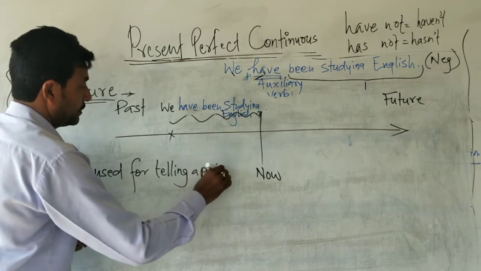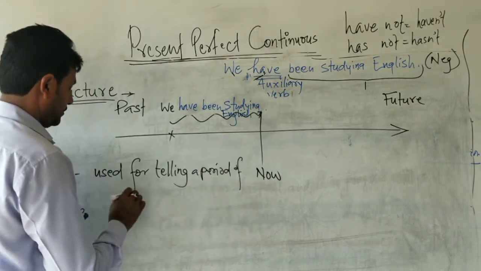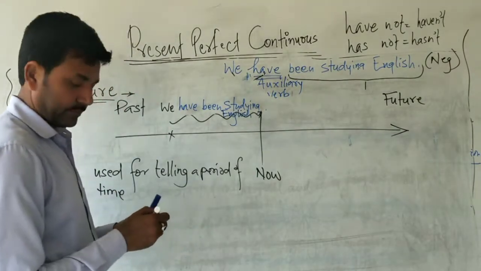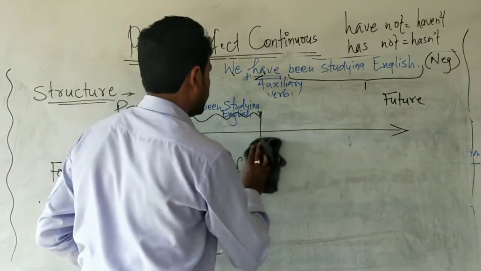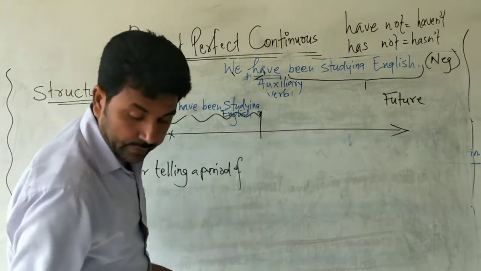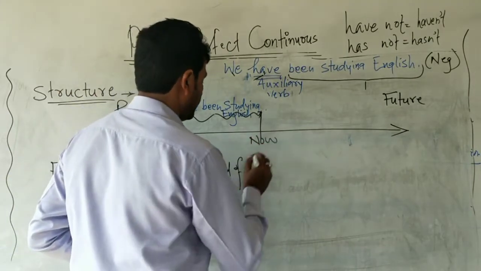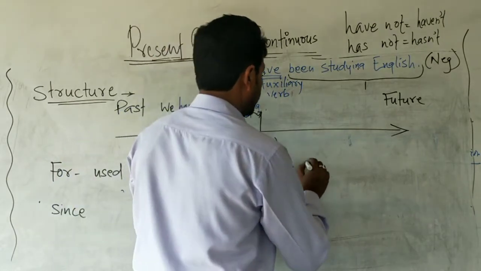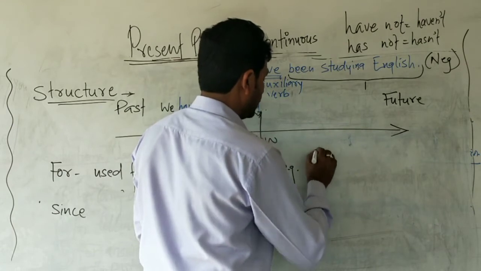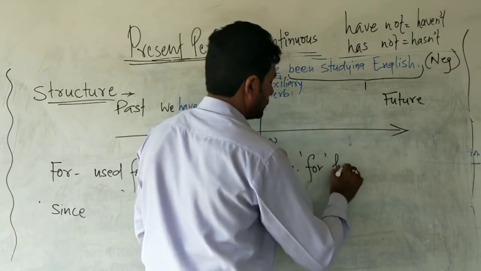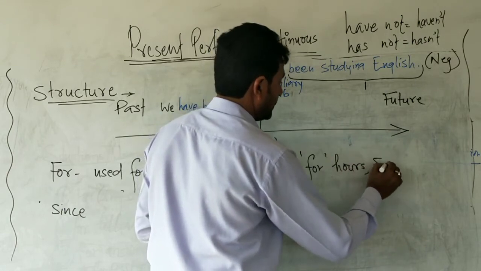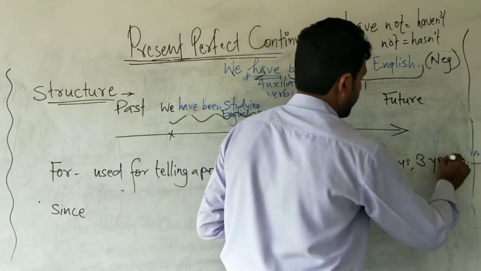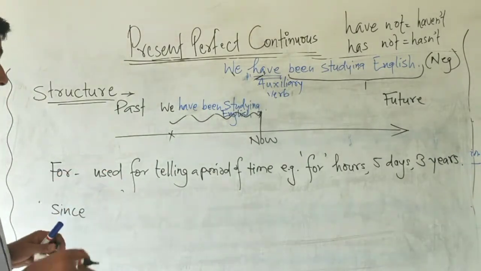Example: for 2 hours, for 5 days, for 3 years or whatever. They are periods. Period of time.